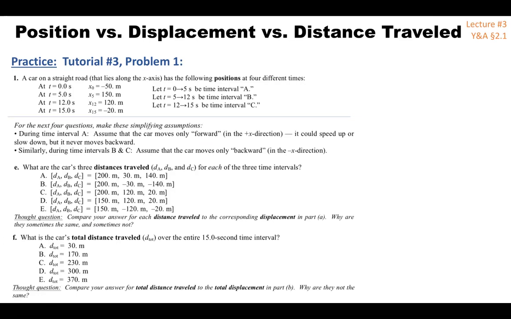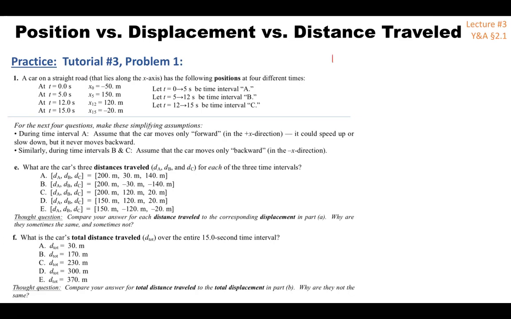Let's examine those same time intervals and calculate the distance traveled during each of those. In general, for a straight line path, as long as the car, during the time interval you're interested in, doesn't change direction, then we can use a general formula.